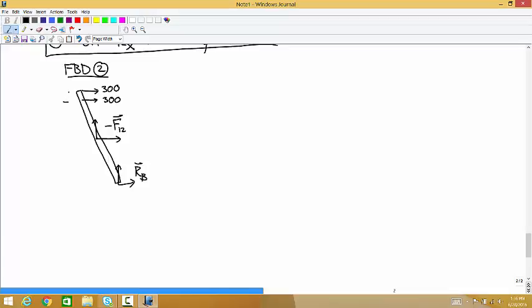And those distances are 0.1 meters apart, sorry. And this is a vertical distance.